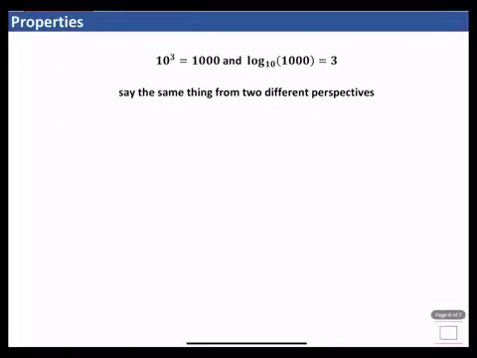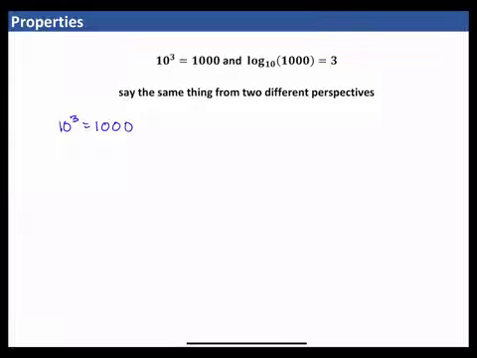On the last slide, we saw that 10 to the third equals 1,000, and we can rewrite that as log base 10 of 1,000 equals 3. We can actually rearrange these equations to see another important relationship between inverse functions. Knowing that 10 to the third equals 1,000, we can substitute the 1,000 in log base 10 of 1,000 with the quantity 10 to the third.